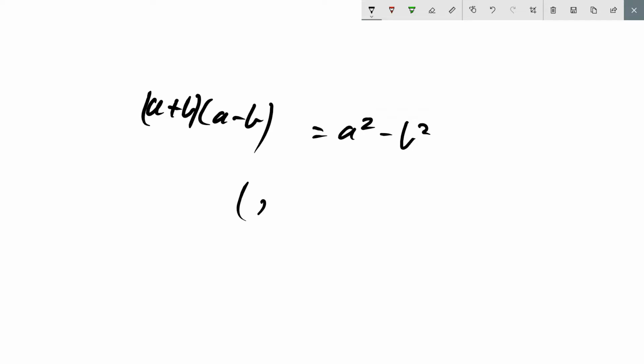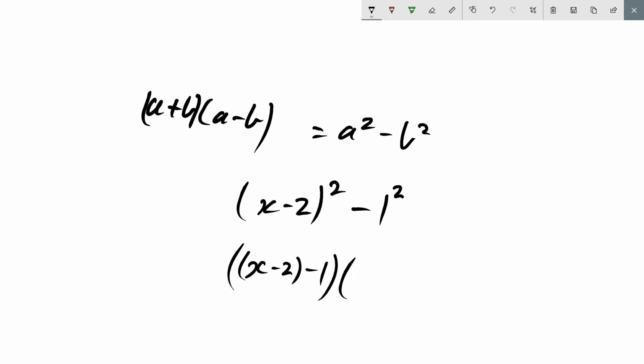So when we had x minus 2 squared minus 1, I saw that as a squared. This is 1 squared. And because of that, I can realize that because it takes this form here, I can put x minus 2 brackets, and then I can subtract 1, and then put it in another bracket here and add 1.